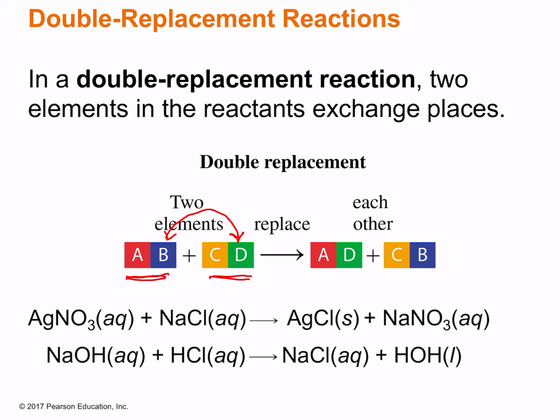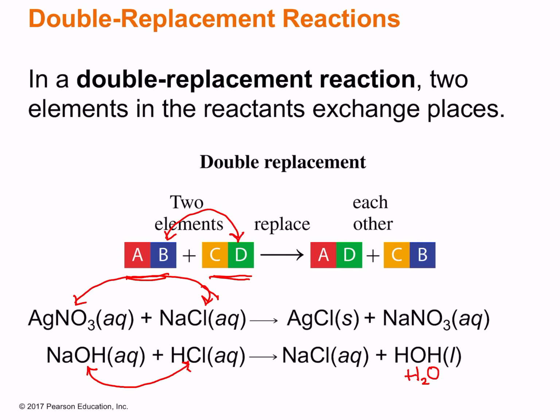Essentially what happens is the nitrate switches with the chlorine. You can think of the nitrate acting together because it's a polyatomic. So now silver ends up bonded to the chlorine, and sodium ends up bonded to the nitrate. In the second example, the hydroxide will switch with the chlorine. So now sodium ends up with the chlorine, and the hydrogen ends up with the hydroxide, and this will actually be water. This is another way of writing water.